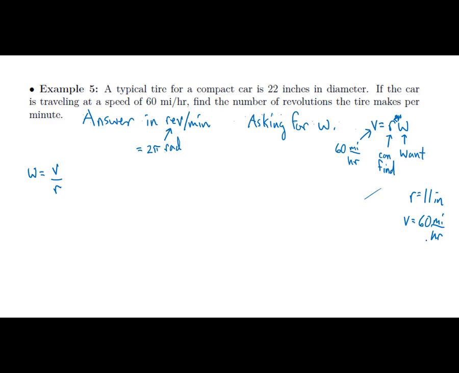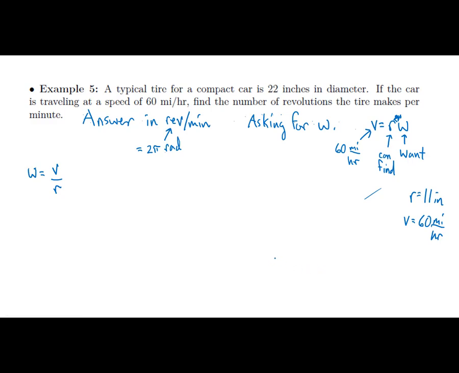Now, a good rule of thumb is to always make your conversion go from a bigger unit to a smaller unit. So in other words, turn your miles into inches. The reason for that is so that you end up multiplying instead of dividing, so you're going to generally have a lot nicer numbers to work with.